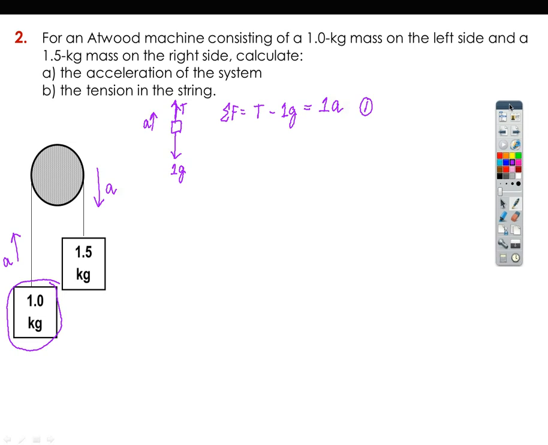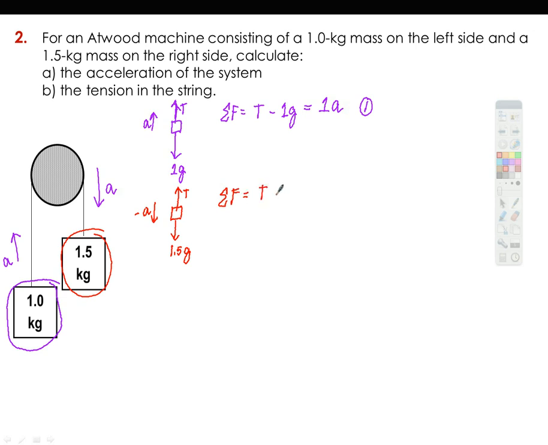Okay, next. For my equation 2, I'll just put it in red so that it's a different color. For my 1.5 kilograms, I know that its force of gravity is mg, so the mass is 1.5 times acceleration due to gravity, and there's a tension going up, and the acceleration is going downwards, so I have a negative acceleration. Here again, both of the tensions are the same.